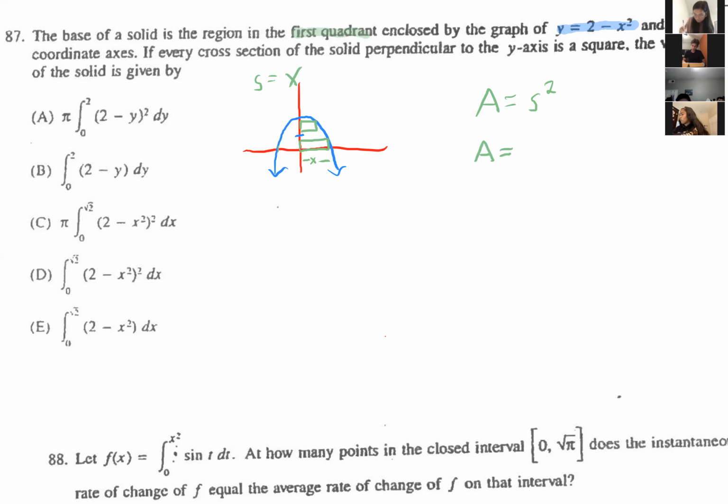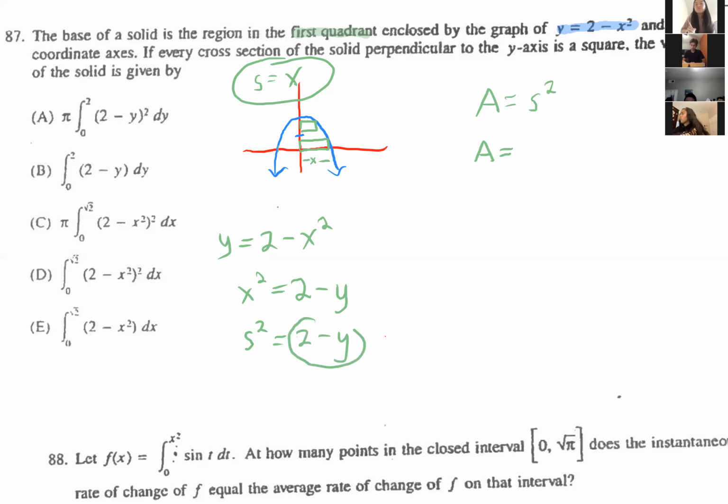Let's take the equation y equals 2 minus x squared and solve for x squared. So x squared equals 2 minus y. I know that s is equal to x, so s squared equals 2 minus y. I can plug that in for s squared, so the area of each square is just 2 minus y.